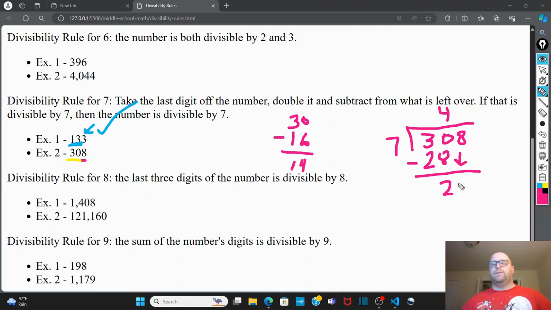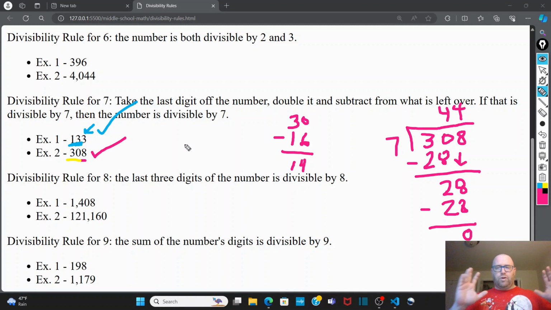Bring down the 8. 7 goes into 28 4 times. 4 times 7 is 28. And 28 minus 28 is 0. We have a remainder of 0. This one checks. Okay. Take a snapshot. We got a few more numbers to go.